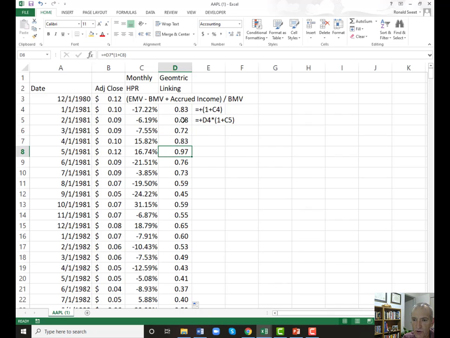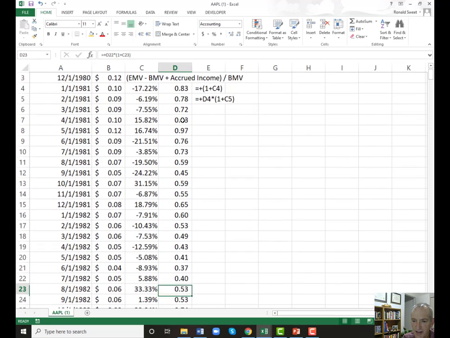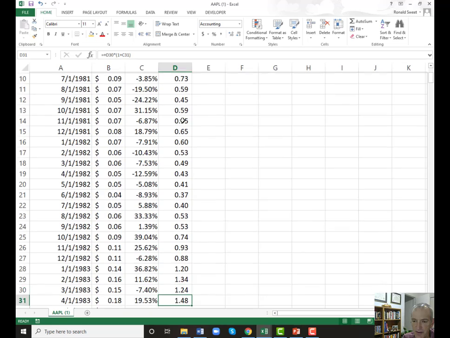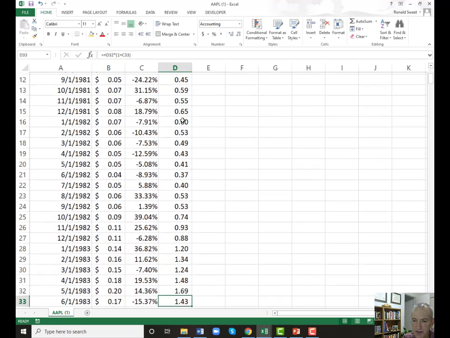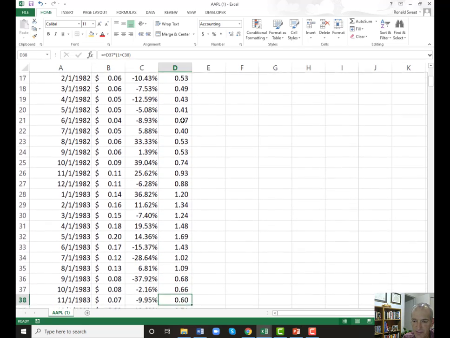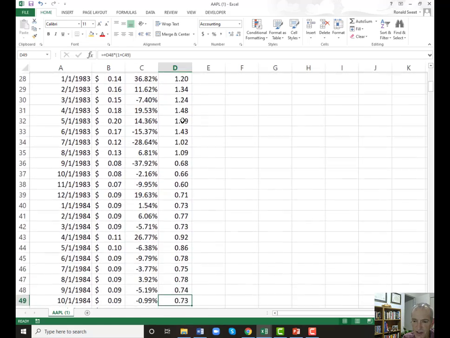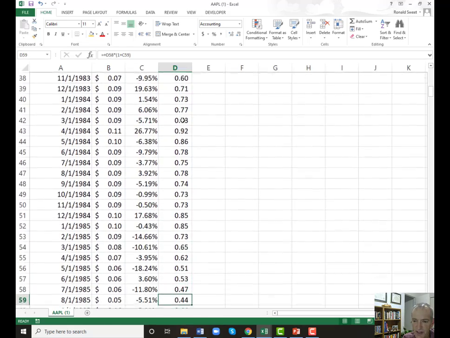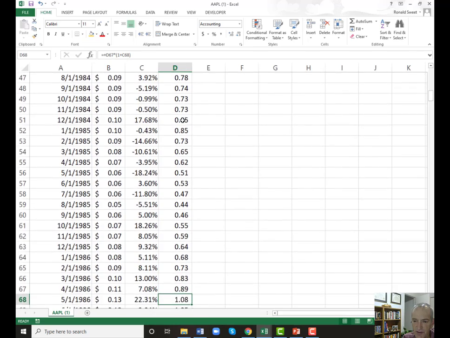But then it starts roaring back, but then it falls again. In September of 81, you would have lost over half your money. In 82, you would have lost almost 2/3 of your money. Then finally, in 93, you're back above $1. Now you're doing pretty well, but then you lose it again. So you can see how volatile it is. We had a pretty volatile stock market in the early 80s with 2 recessions. So it's just all over the place.